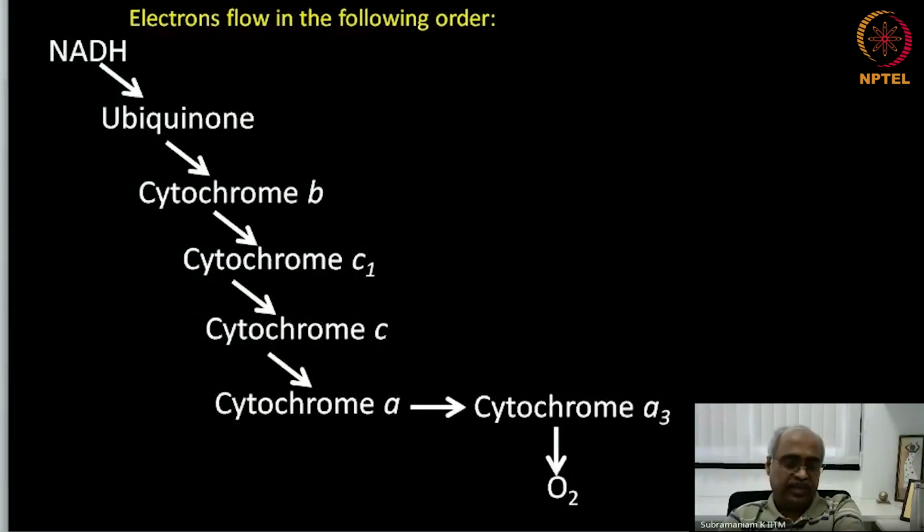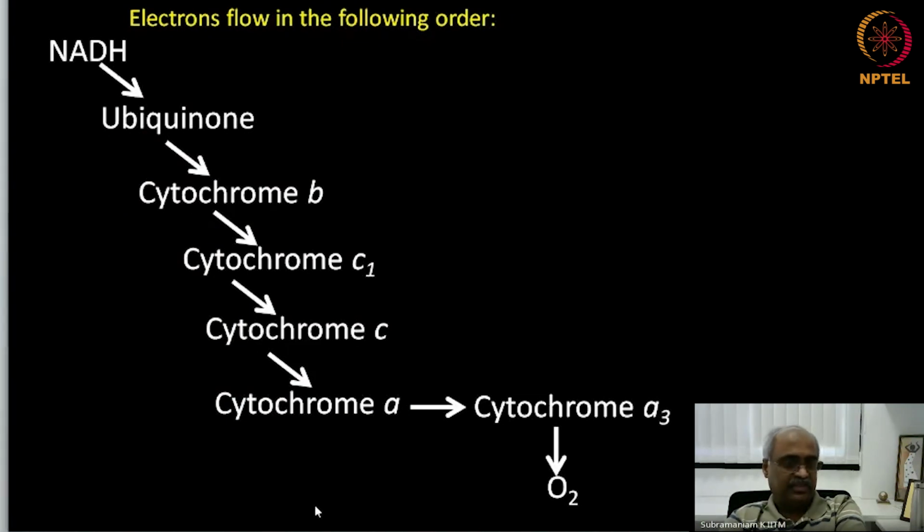So now by looking at the relative reduction potentials of these complexes, and also by looking at it in an experimental way, like for example, you allow them to be reduced, but you do not supply oxygen. Then when you suddenly allow oxygen, which ones get oxidized first? And what is the order of oxidation of these?